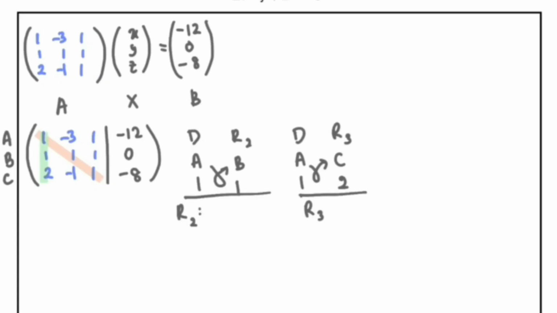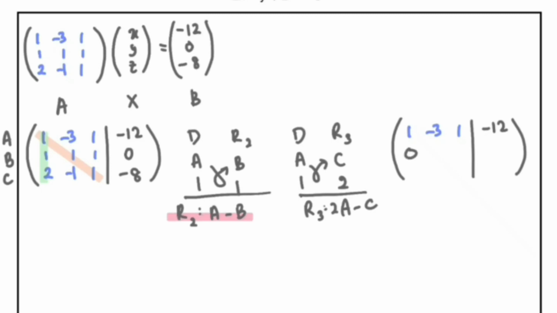So ini adalah A minus B. Untuk R3 pula kita buat 2A minus C. Row pertama tak berubah, so saya tulis siap-siap. Kira row kedua dulu, dan row ketiga.